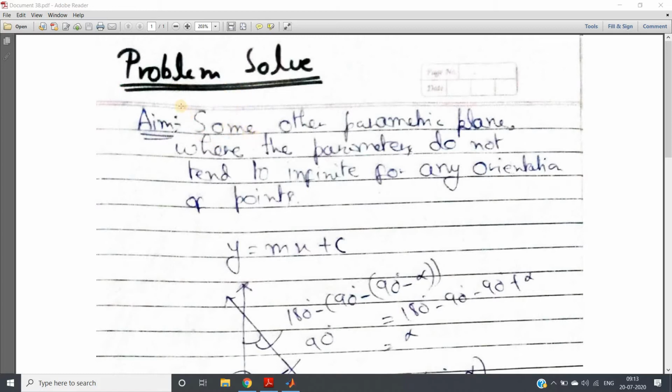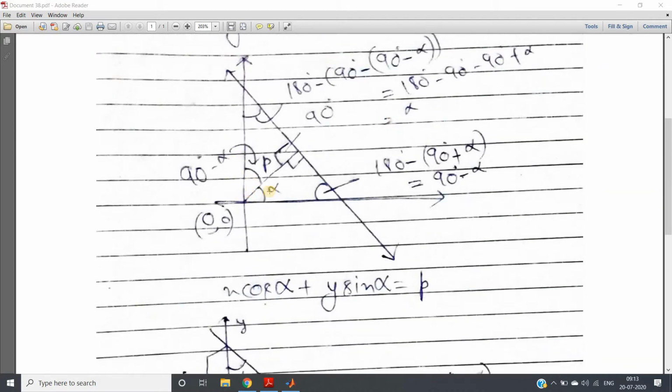In this particular video I am going to show you the MATLAB demonstration of the mapping from the XY coordinate system to one special parameter space, where the parameters are an angle and a length. The angle is the angle between the perpendicular drawn from the origin to the straight line and the positive x-axis, that is this alpha, and the length is that perpendicular length.